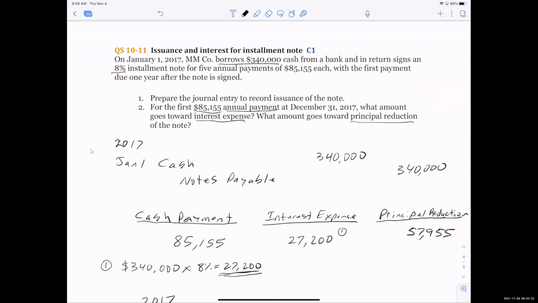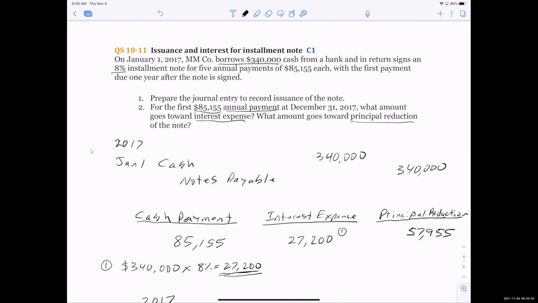is installment notes. If you got a car loan, you signed an installment note. If you bought your house, your mortgage, you just signed an installment note.